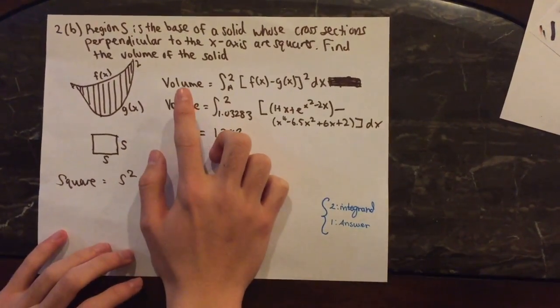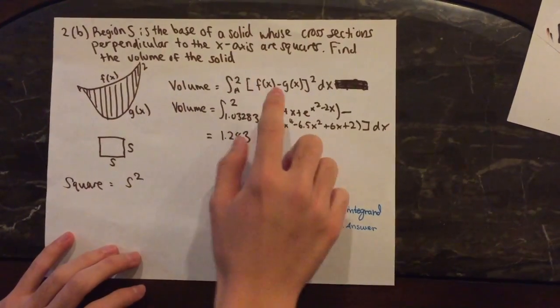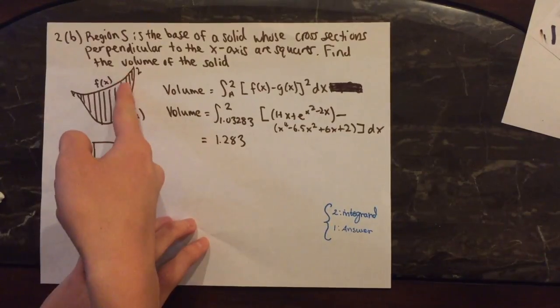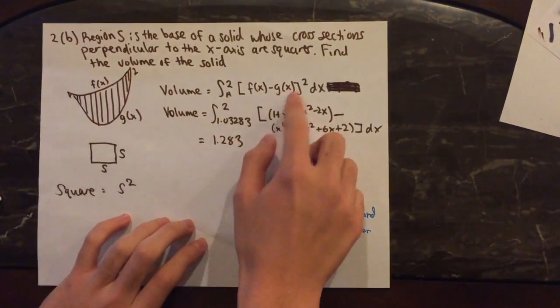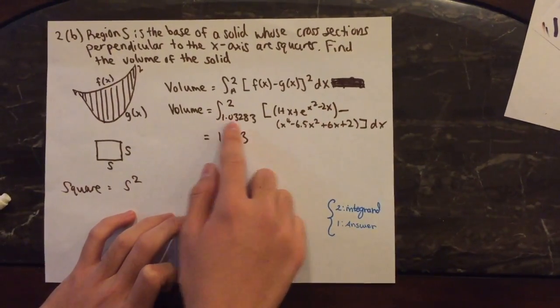So when we're trying to find the volume from a to 2, we have to have f of x minus g of x, which represents the distance of these side lengths, squared. Side length squared. So we plug in everything that we know.